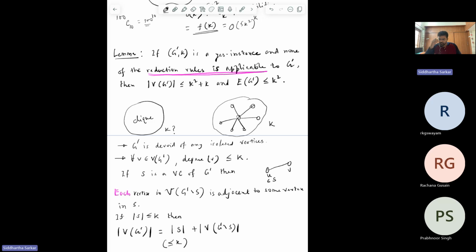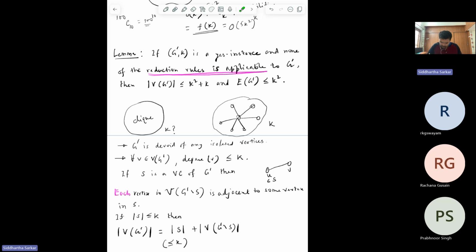Now you know that the degree of every vertex in G dash is at most k. That means every vertex in S is adjacent to at most k vertices, so every vertex in S is able to cover at most k edges.